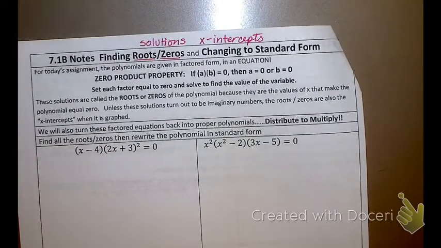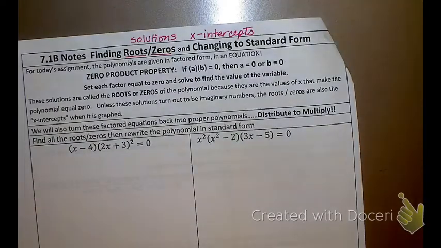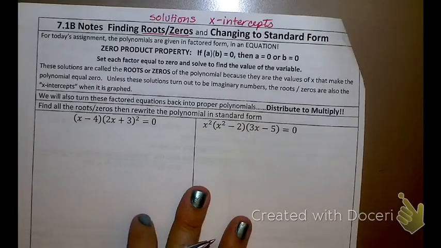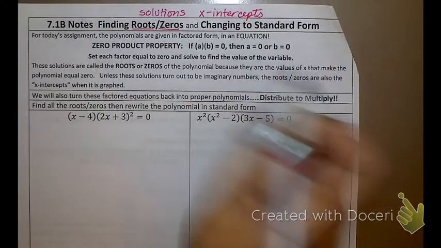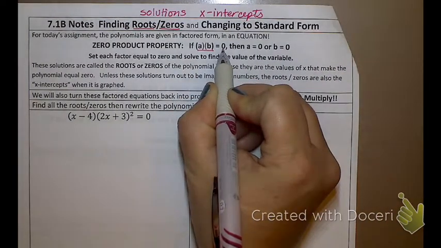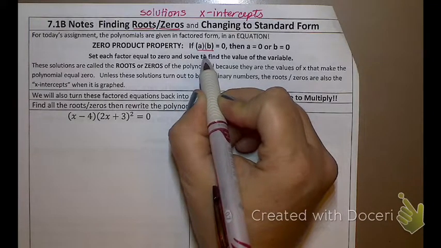So there's this thing called the zero product property. I actually just made a video on that for my IM2 class just a couple days ago, so if you wanted to go to my YouTube video, you could see a video on that one. But what the zero product property says is that if you have two things that are being multiplied that equal 0, at least one of them individually is equal to 0.